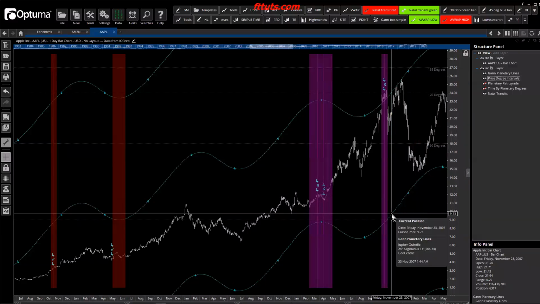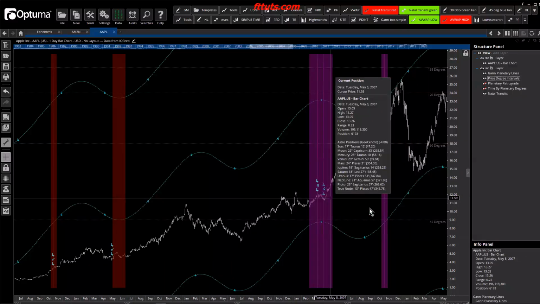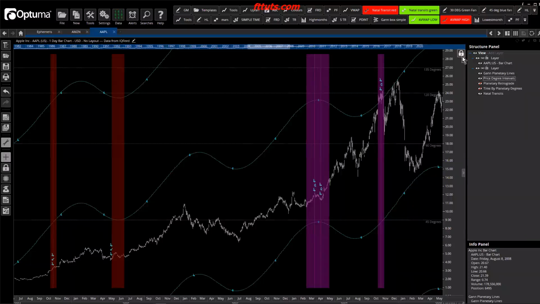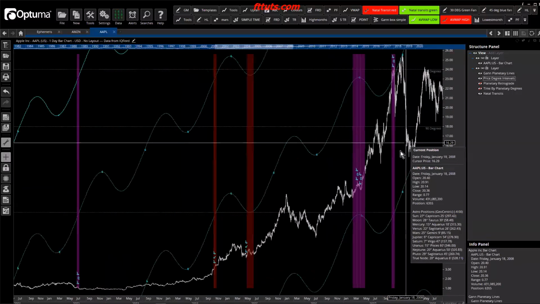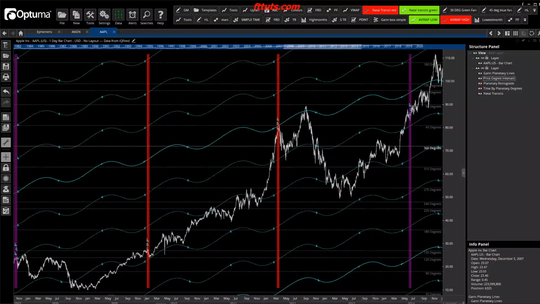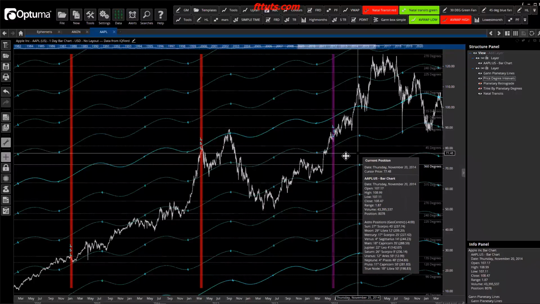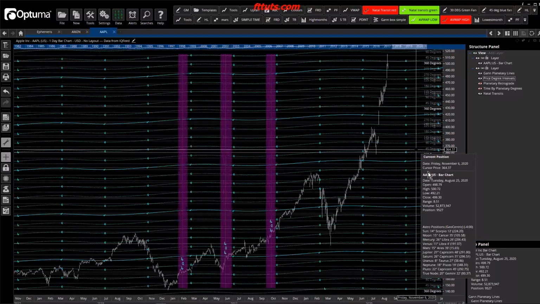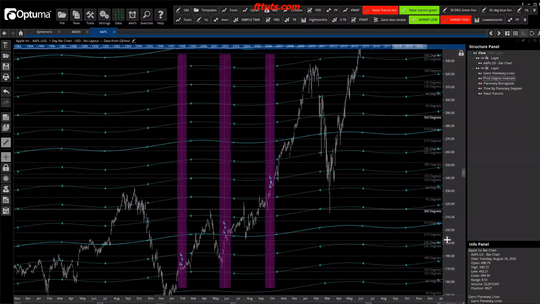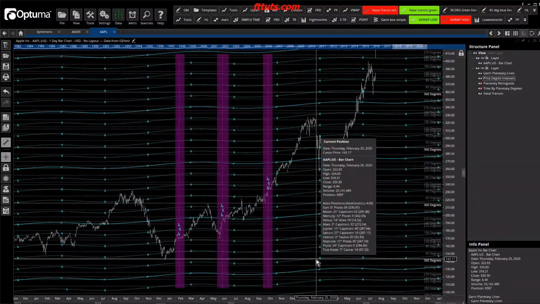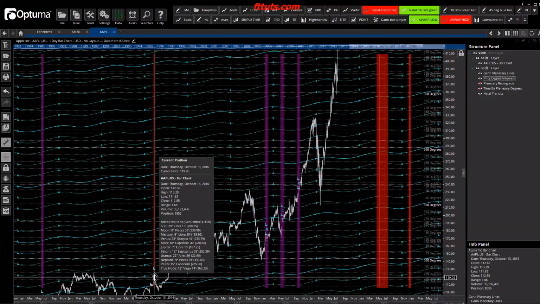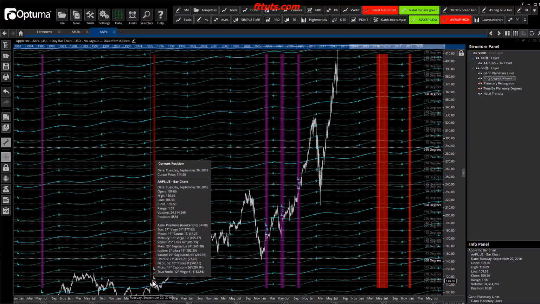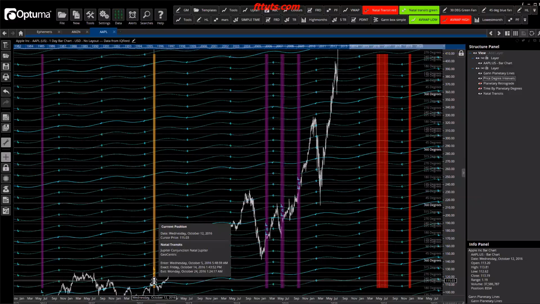Now, I'm concentrating a lot on Jupiter here and on Apple. It's going to work on everything. Let's pull up a bunch of other charts. Let's look at just the Jupiter cycle, just the conjunction, where it begins. But I would say that if you look into the past, look for conjunctions to be beginnings of new long-term bullish trends.